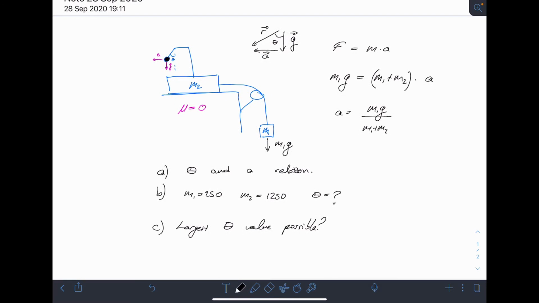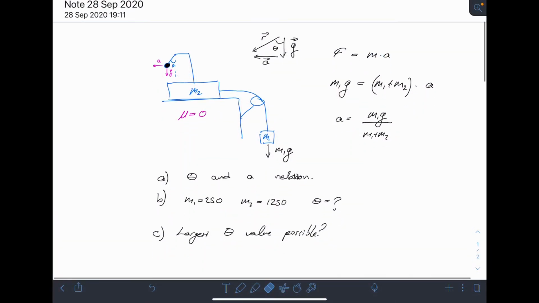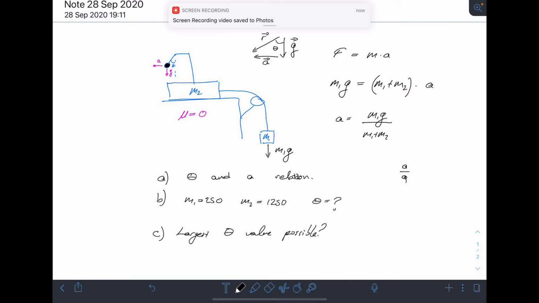So we can conclude that the ratio of A and G, which is opposite to adjacent in the given graph, is in fact tan theta.